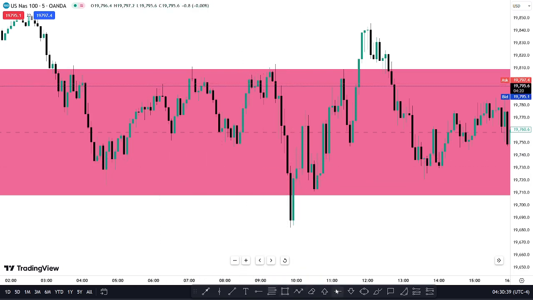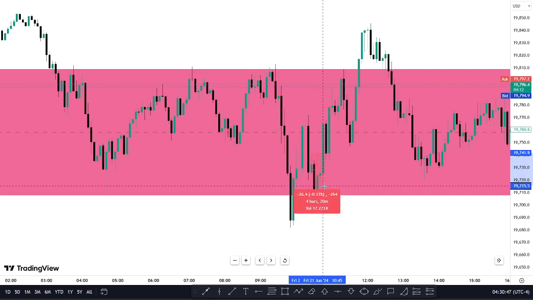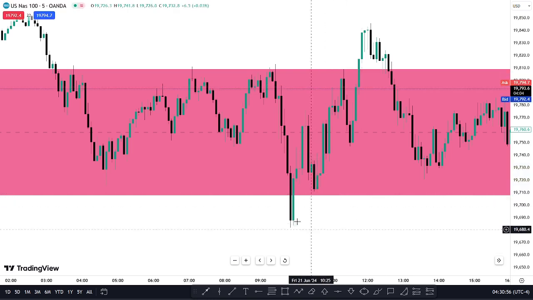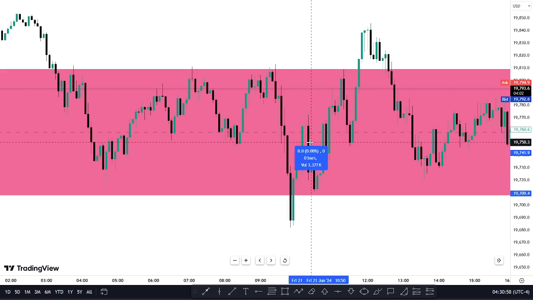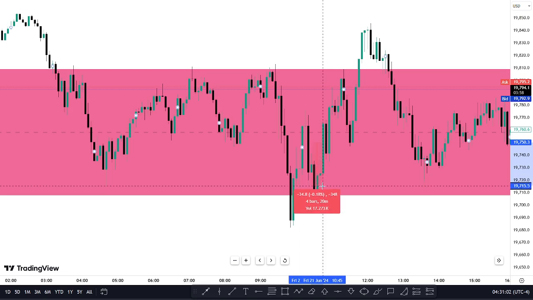So I entered around this area right here. So if market dropped, on filtering this, accommodating also the spread as well, the spread will want me to enter here, of course.